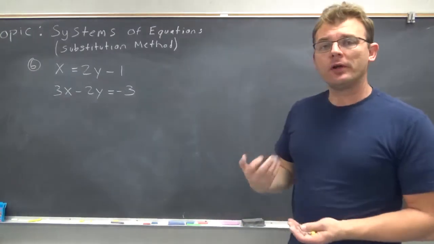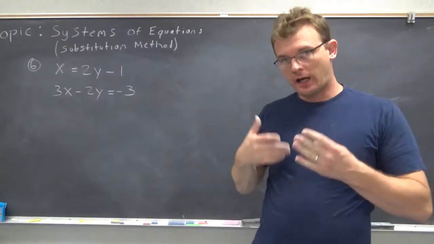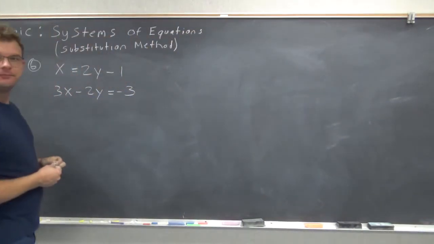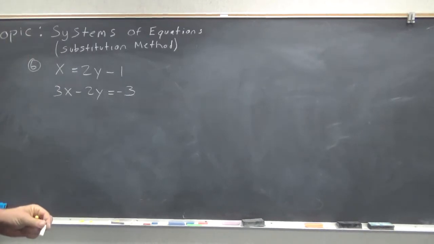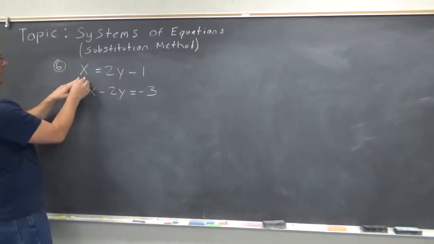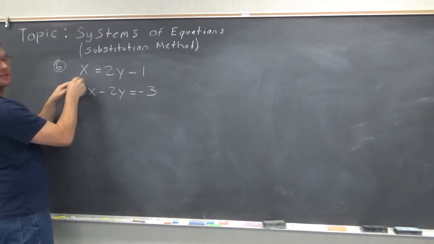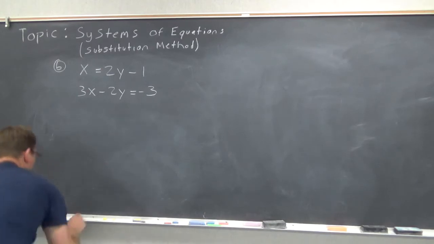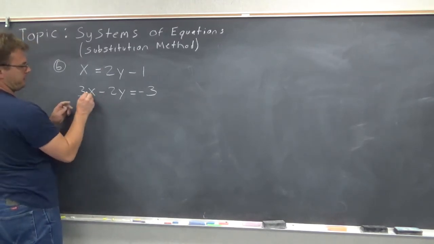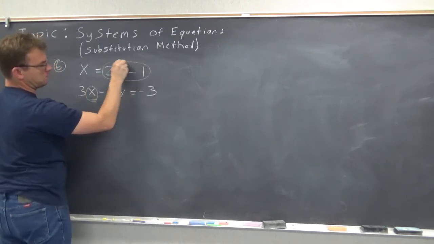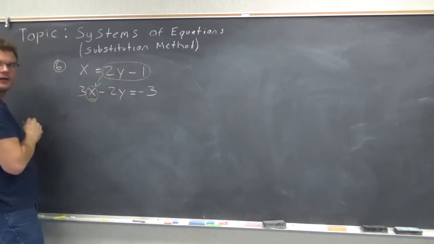Okay, so hopefully you had a chance to work at this a little bit. Now here's what I'm going to do first. Do you see how this is already solved for x? What I'm going to do is substitute that there.